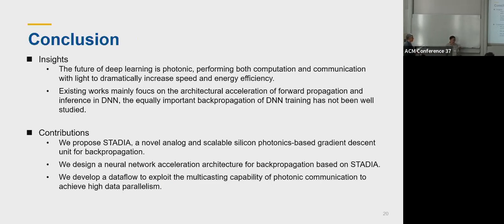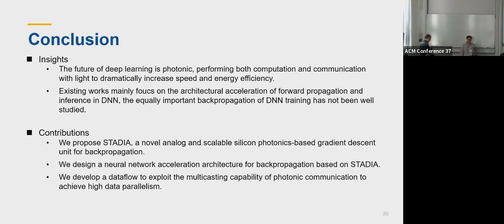So we propose a novel analog and scalable silicon photonic-based gradient descent unit for back propagation. Based on Stadium, we design a neural network acceleration architecture for back propagation. Furthermore, we developed a dataflow to exploit the multicasting capability of photonic communication to achieve high data parallelism.